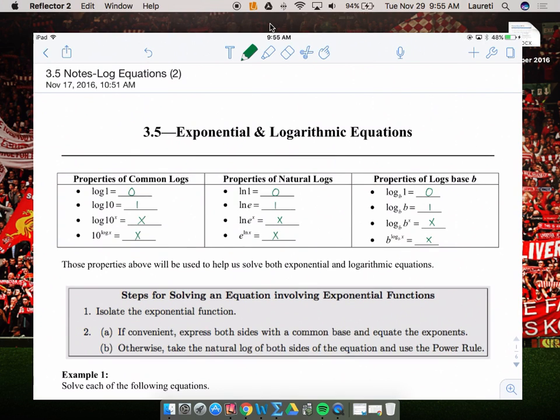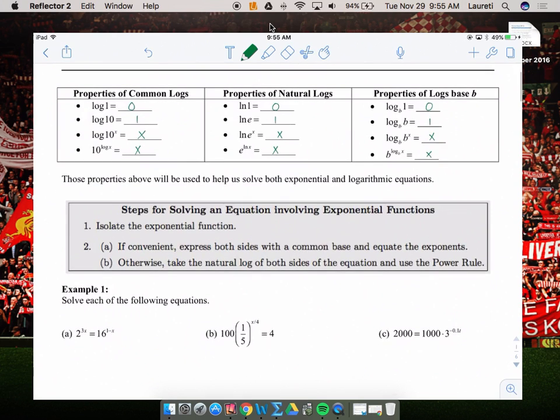Okay. All right. So the first thing we're going to work on is just exponential equations. Your goal, the first thing you should always try and do, is get both sides to have the same base. So that we can set up that if the bases are the same, then the exponents are the same.